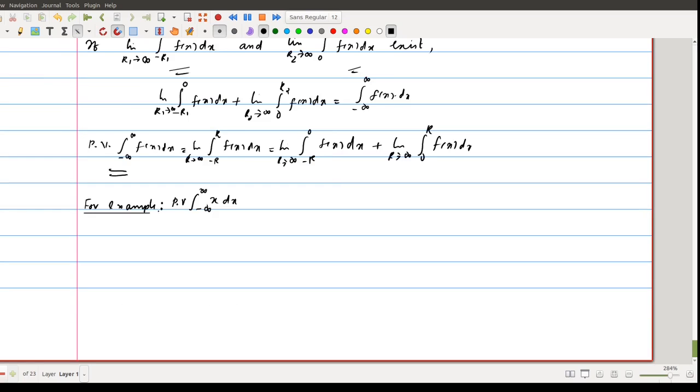For example, consider the principal value of this integral. By definition, this is the limit as r tends to infinity of the integral from minus r to r of x dx.